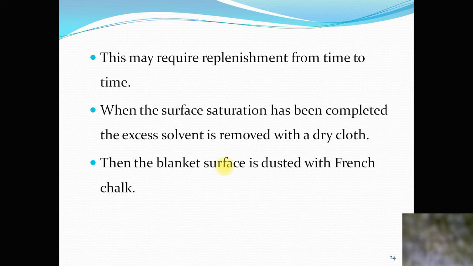When we are playing on the carom board, to get free movement of the coins, we dust a certain type of powder called French chalk. That is nothing but a solid lubricant. We give free movement to the coins by powdering the French chalk. The same thing is done here. The French chalk is dusted on the surface of this blanket to give easy sheet release from the surface.